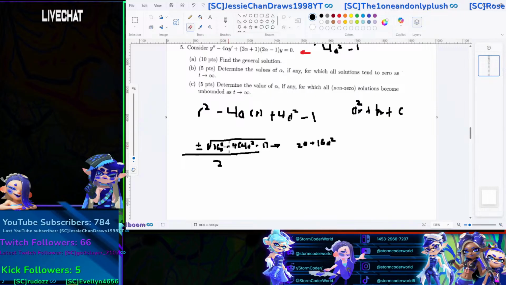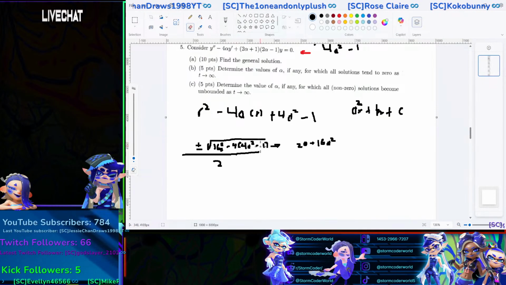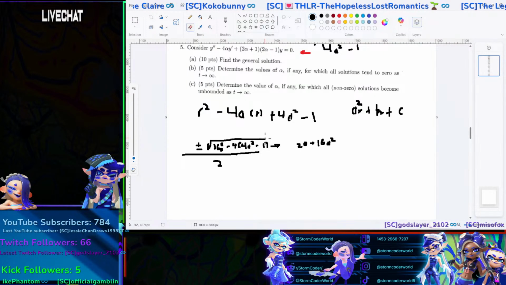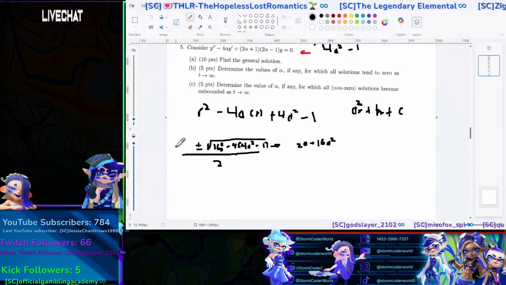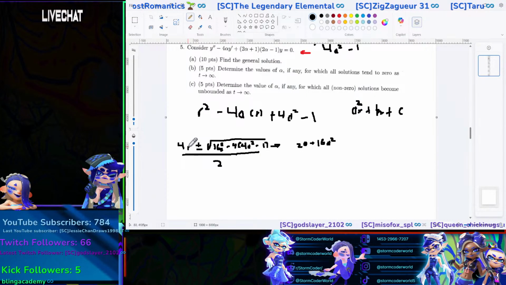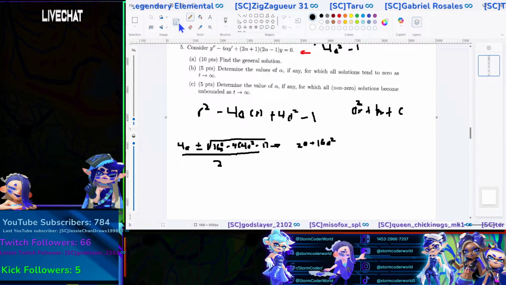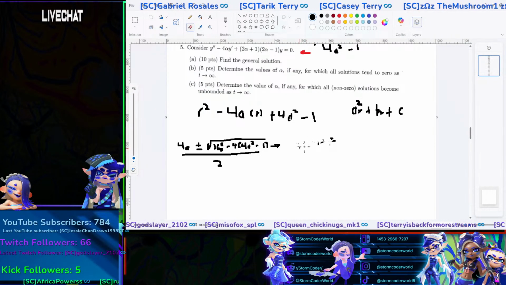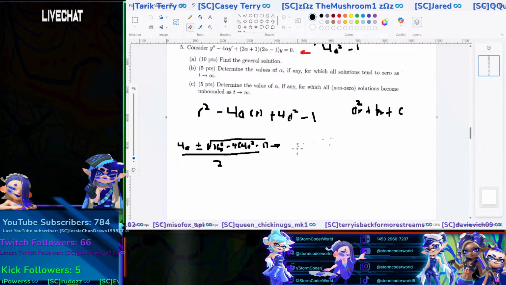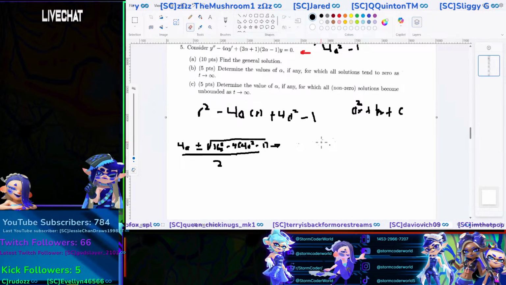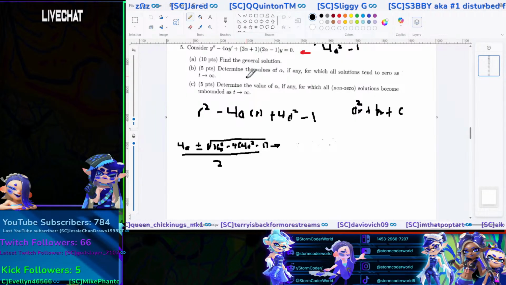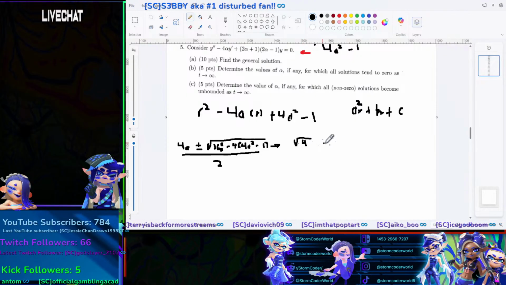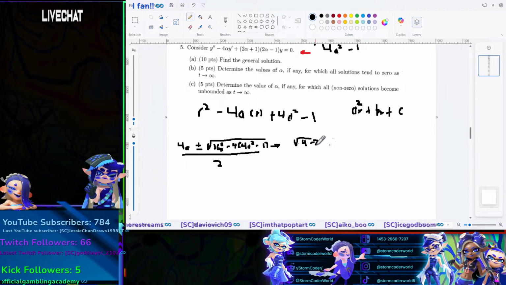Plus, in this case, -4 times -1, that's 4, which would just be the square root of 4, which is just 2. So I have 4a in this case, plus or minus this function, which simply turns into square root 4, which is just 2. So I simplify all of this down here, and I'll make it easy for everyone to see it. It will be square root 4 as a simplification, and then I would just get 2 from this.